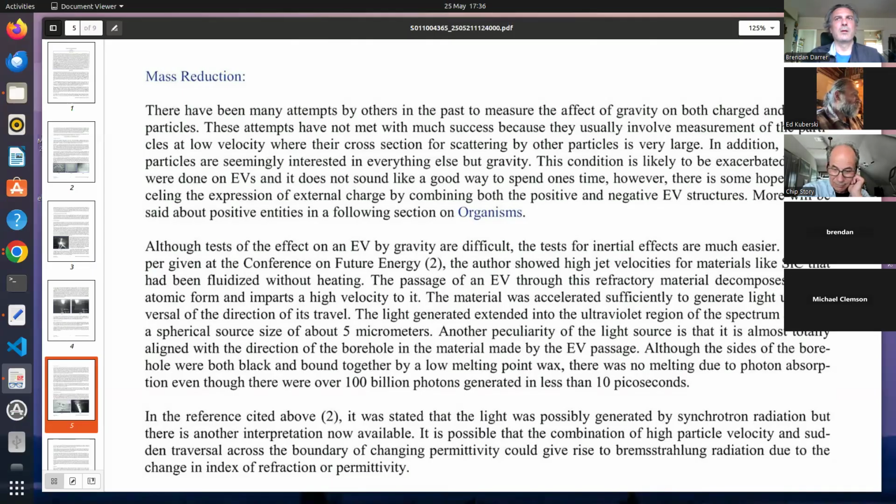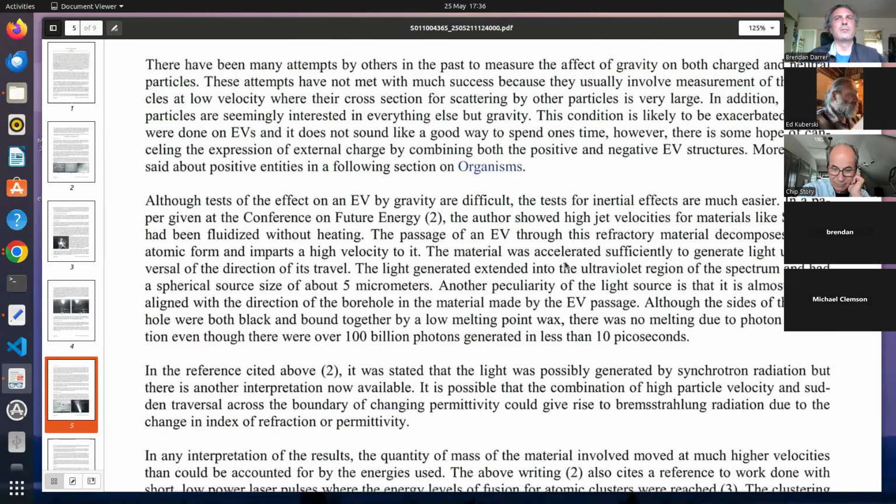In addition, charged particles are seemingly interested in everything else except gravity. This condition is likely to be exacerbated if tests were done on EVs, and it does not sound like a good way to spend one's time.